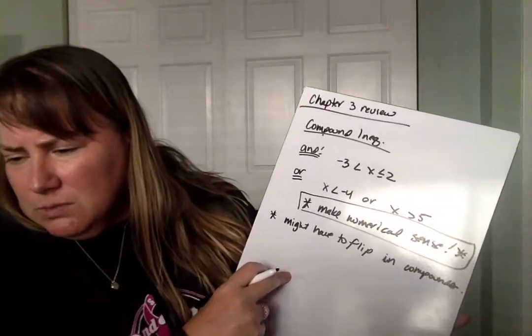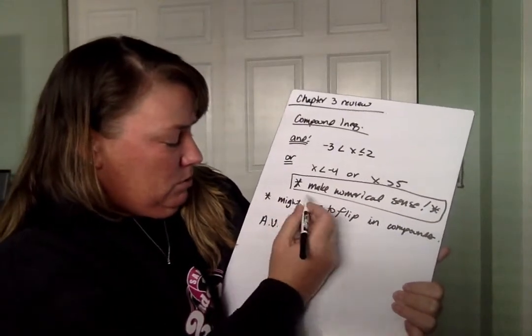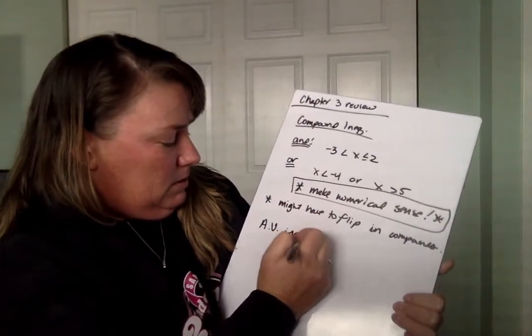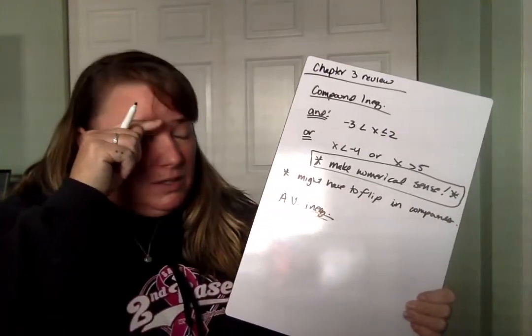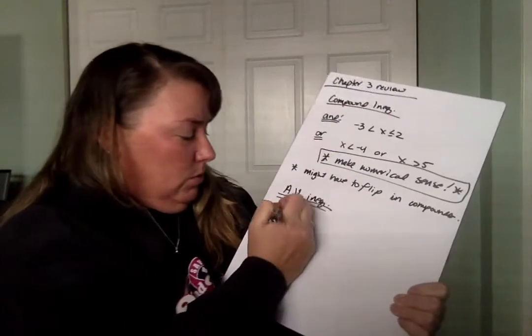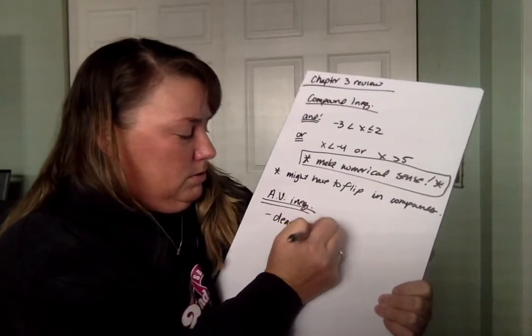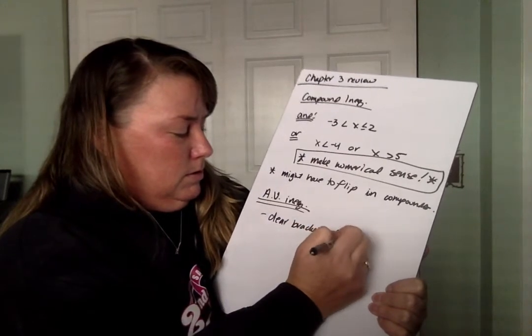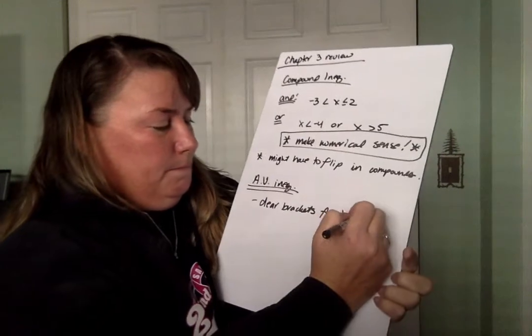And then what was the other one we did with that? Oh yes, absolute value inequalities. Just like you solve the absolute value equations, you are going to clear the brackets first. Then you set up keeper and flow.